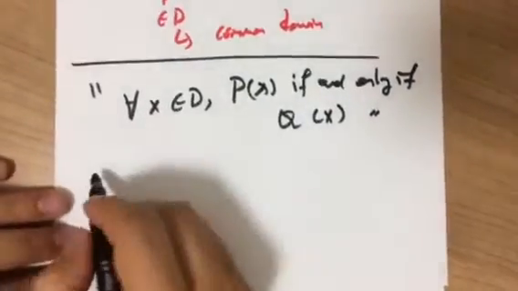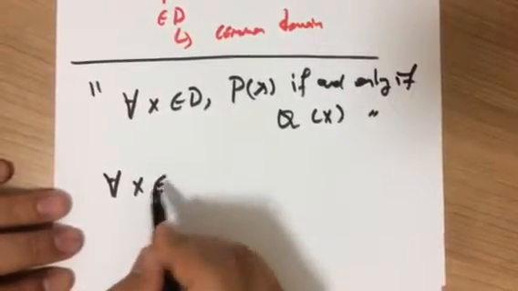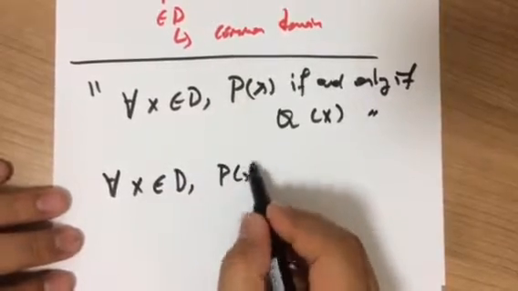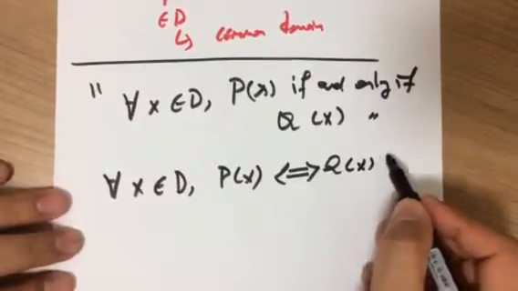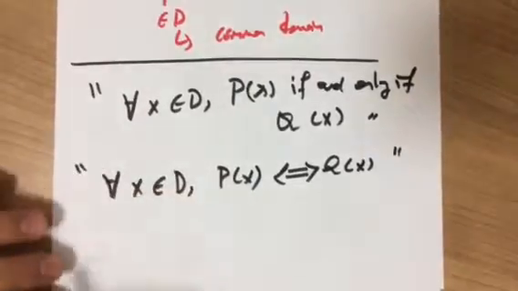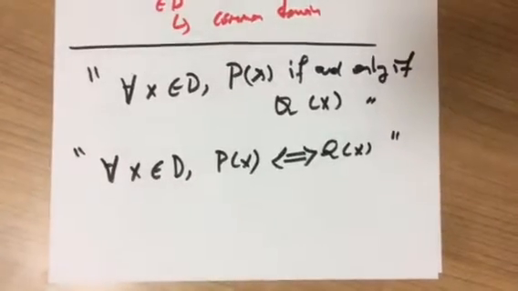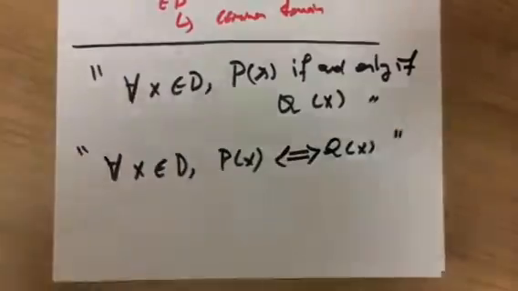So the form corresponding to that in symbols you may put like this: for all x, P of x if and only if Q of x. That's it here. All right, so this is the end.